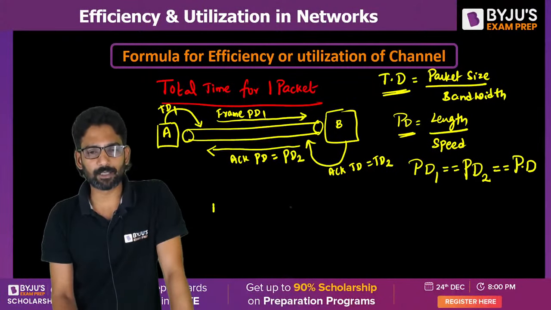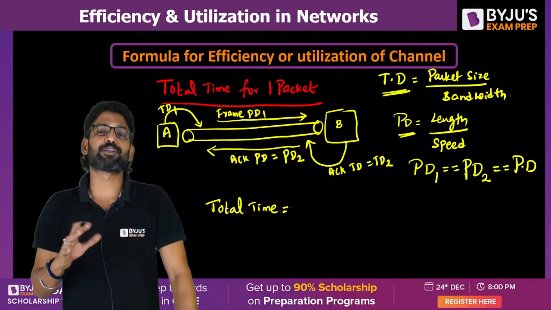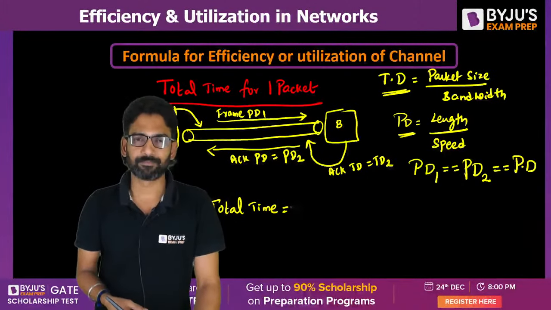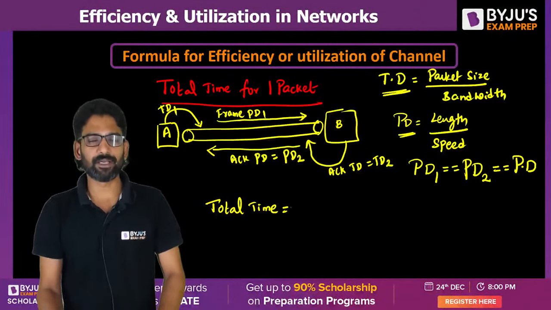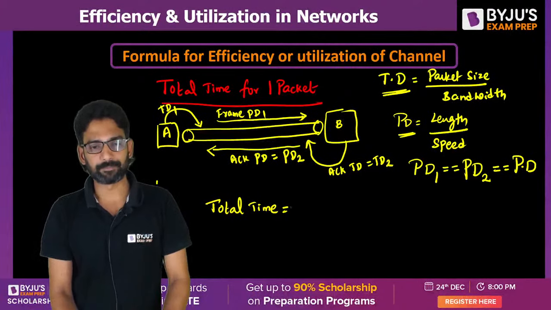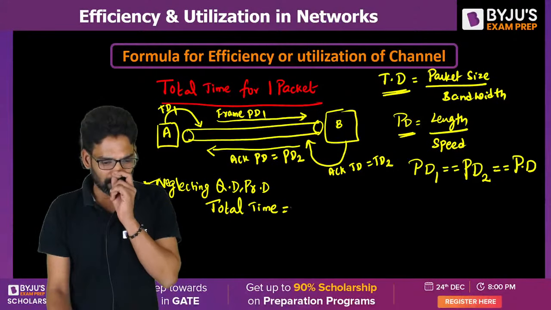So what is the total time for one packet, neglecting the other delays, queuing delay, processing delay? If at all they need to be considered, we will add. So here I am neglecting queuing delay, processing delay. Okay. Then what would be the total time?